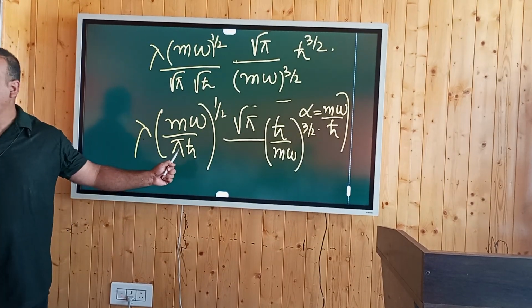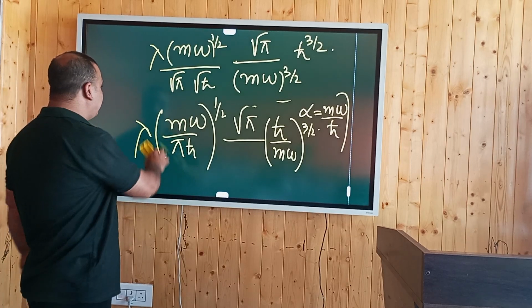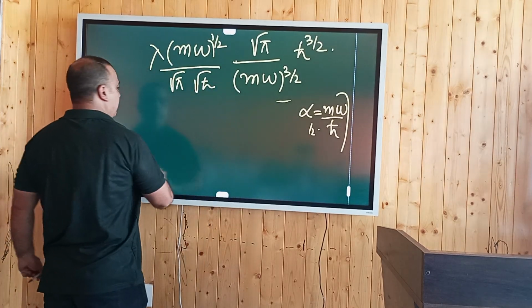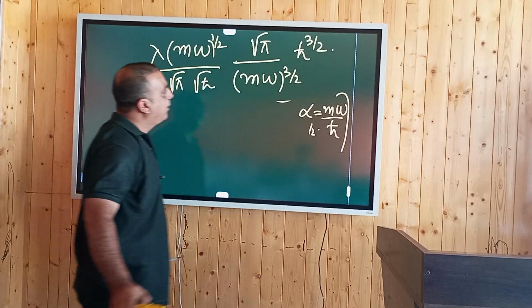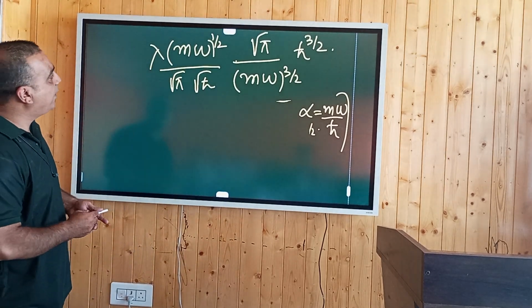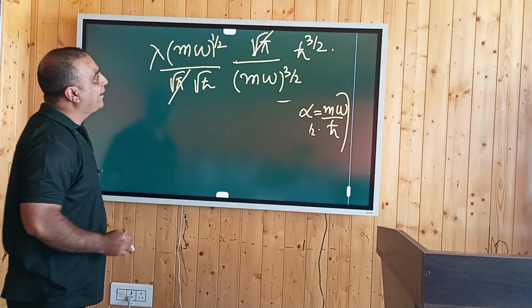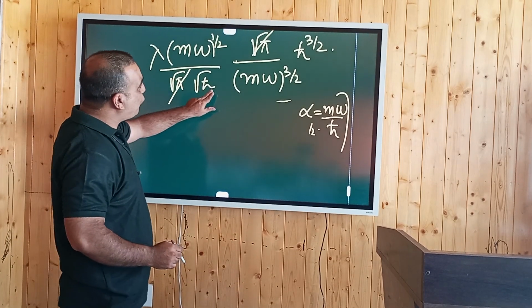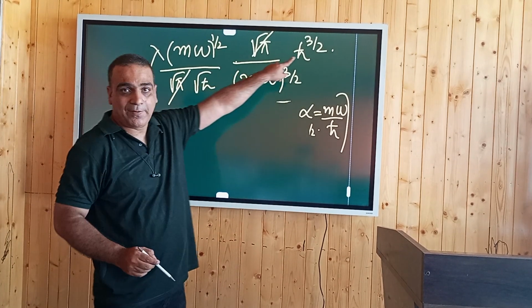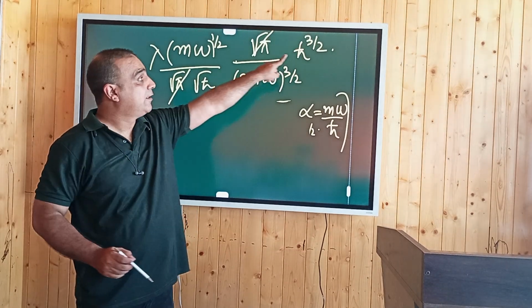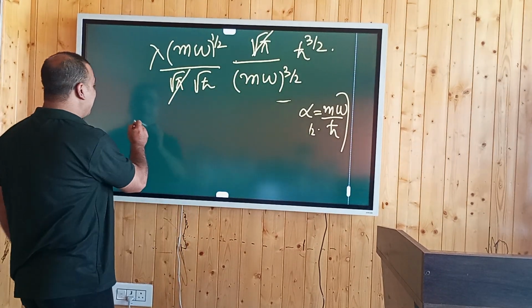Clear? If I commit a mistake, kindly tell me at that time. You see, this under root of pi will cancel with under root of pi. This under root of h cross will go up and make the h cross power. This is lambda.